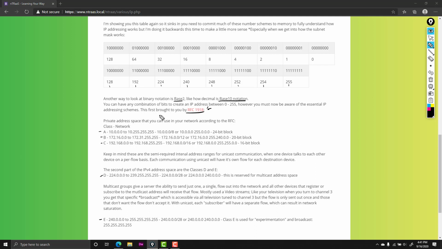So this is a big one to memorize. If you're ever talking with any network engineer, these 3 classes will most likely be what they test you on. So keep in mind that class A is the 10 network, starting at 10.0.0.0 and ending at 10.255.255.255.